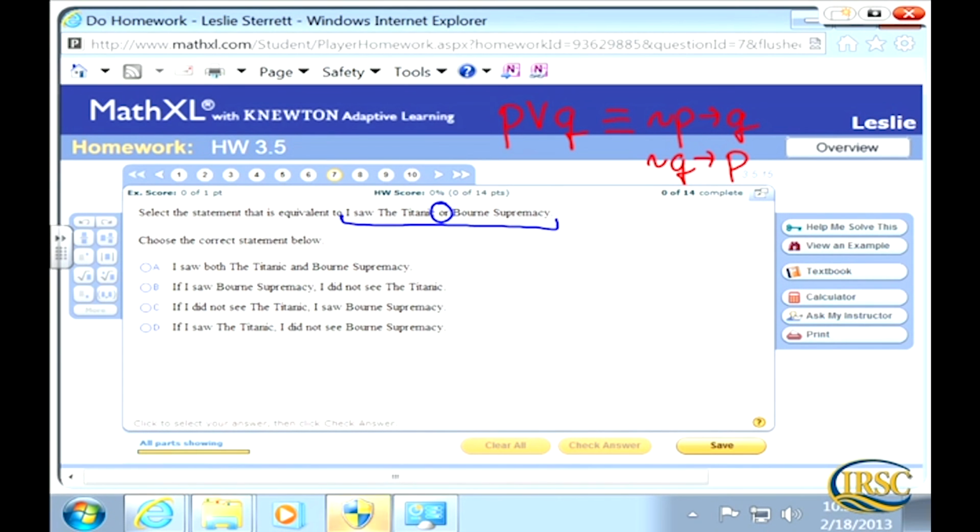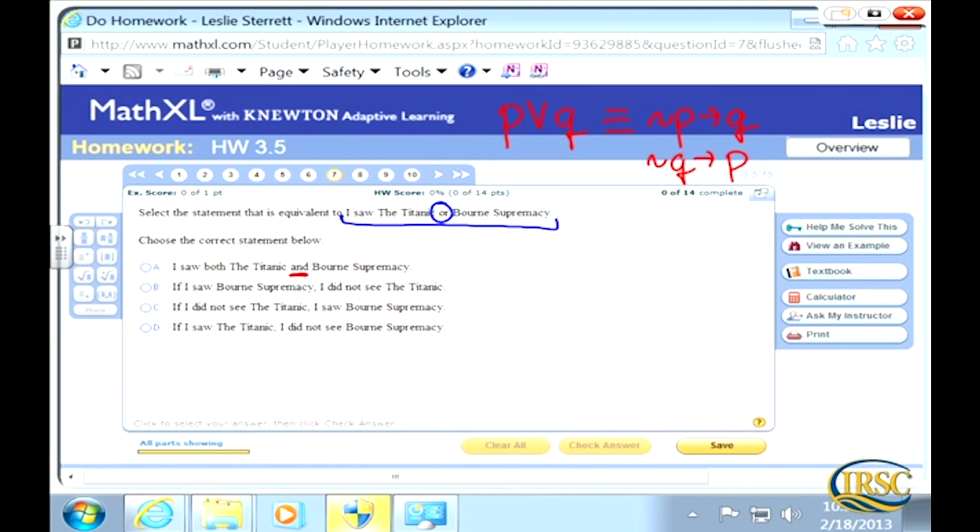Okay, so you have two choices for your answer. You just got to make sure that you pick the right one there. I saw both the Titanic and Bourne Supremacy. Well, not necessarily, right? So here's our answer. It gave us an and this time. You may have seen one or the other or both. It's not a guarantee that you saw both, so you can't say that that's equivalent.